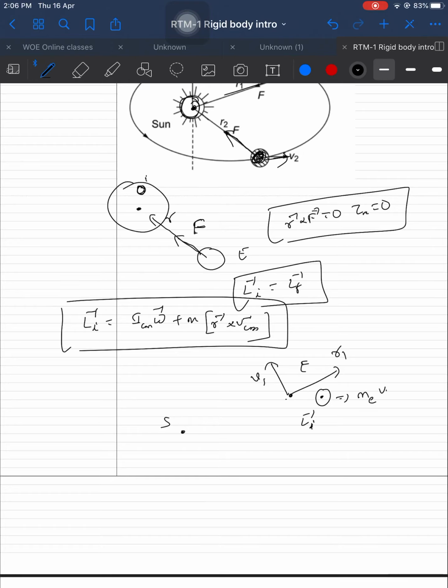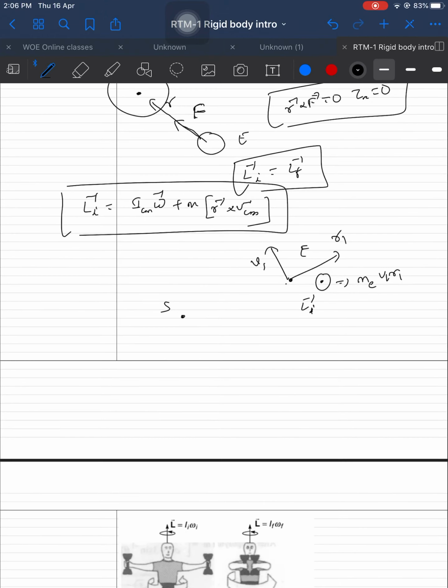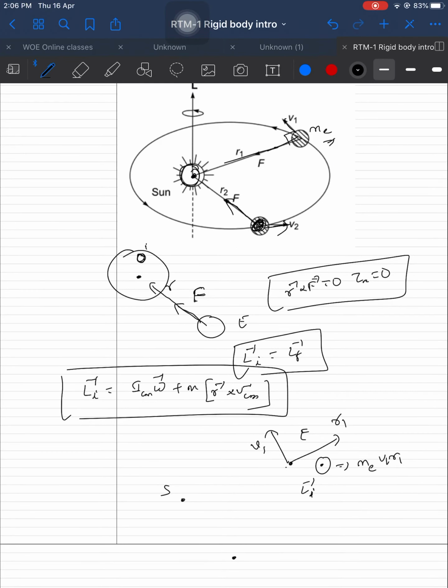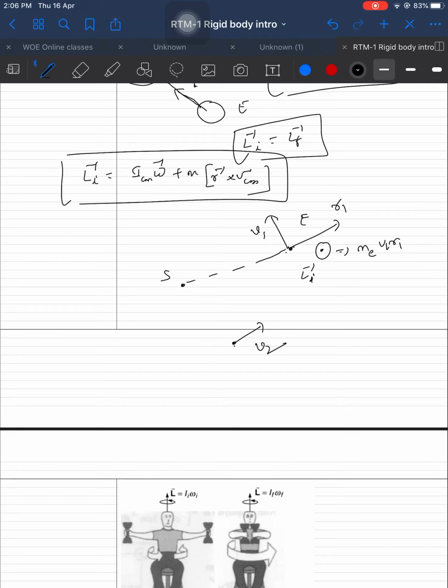So the angular momentum is upwards initially, in the first case, me v1 r1. Next, when the earth is in the second place, see here carefully, velocity v2 is perpendicular to the radius r2 bar. Why I am drawing r2 outwards: if you see the previous videos, it will be clear. I also discussed with a hand how to track the directions.